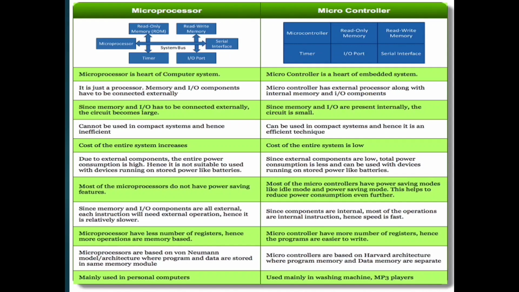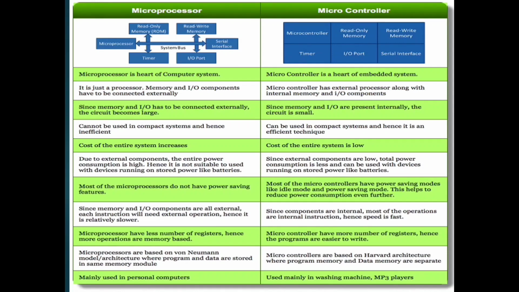Most microprocessors do not have power saving features. In microcontrollers, most have power saving modes like idle mode and power saving mode. This helps to reduce power consumption even further. Microprocessors have fewer registers, hence more operations are memory based.